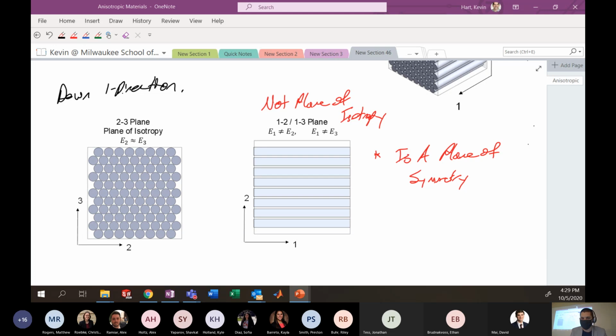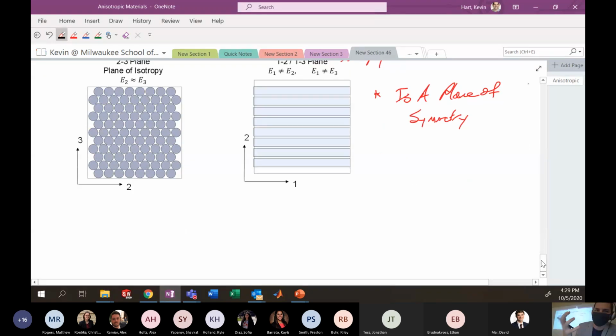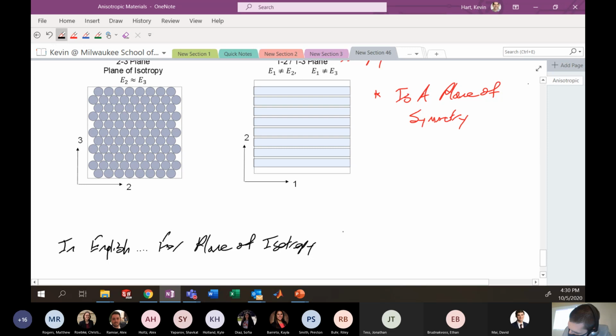Okay, so what does this mean mathematically? How are we going to attack this problem to simplify that stiffness matrix? So in English, we'd say for plane of isotropy, same behavior, all directions.